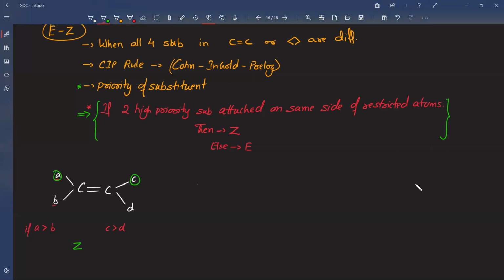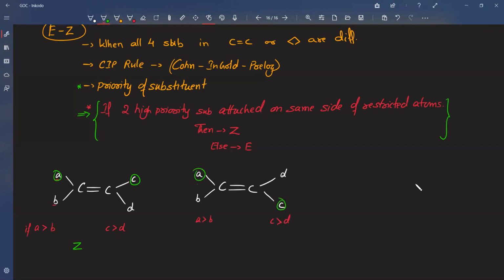But if you have this C double bond C, here you have A, B, and here you have C, D. Again, A's priority is greater than B and C's priority is greater than D. So C is higher priority and here A is higher priority.